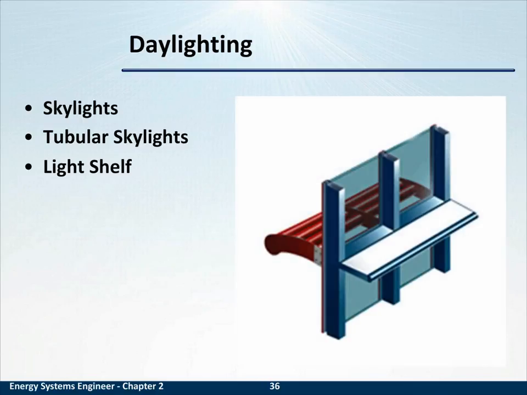Here's another picture of a daylight harvesting fixture with a red tubular awning shade fixture on the outside. And on the inside, that white shelf is designed to reflect light that comes in through the top half of this window off that high reflectivity shelf and up onto the ceiling, bringing daylight further into the room.